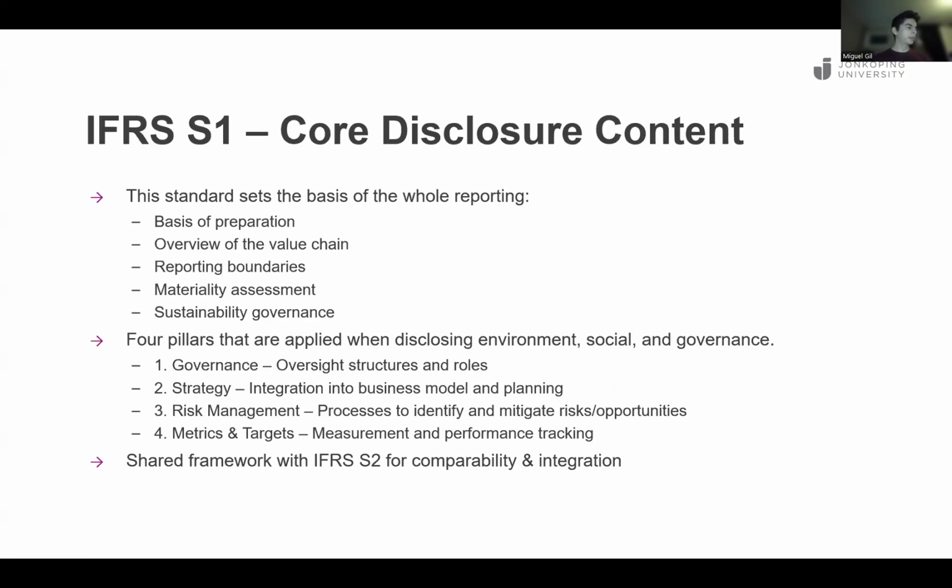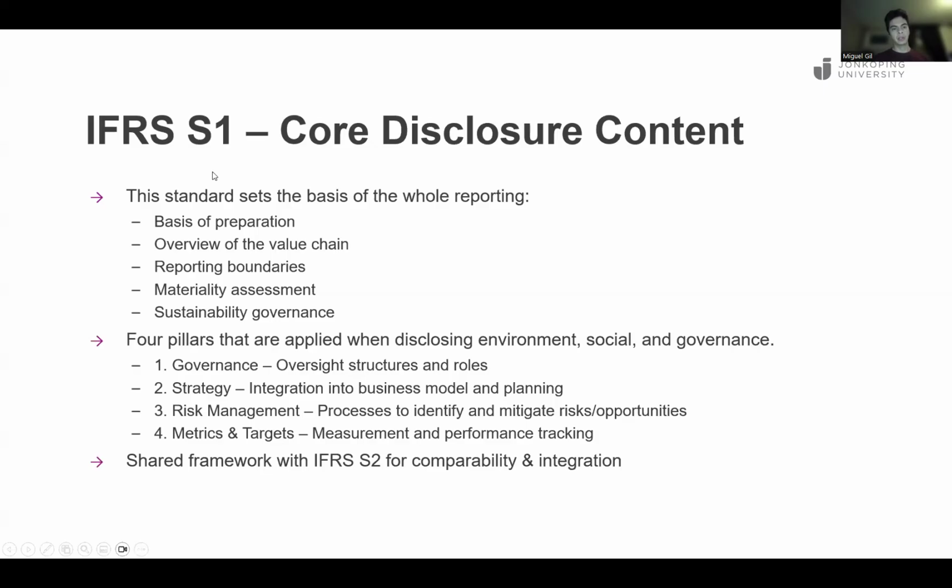But this first standard also covers five things that need to be disclosed in general. These are general things about sustainability reporting that you have to disclose. So, five things you need to cover in four, they call it pillars, but basically four different angles or four dimensions that you have to unpack when you report.